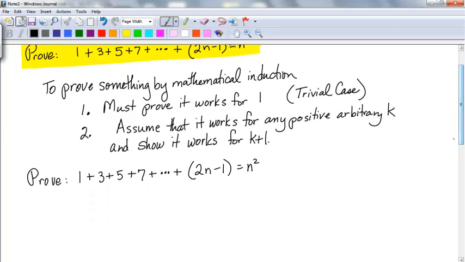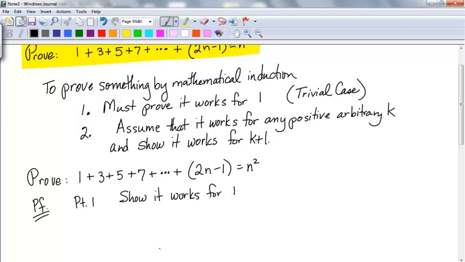Prove that it's true for all the natural numbers. I use PF for proof, and there are 2 parts. Part 1 is the trivial case, and that is to show it works for 1.